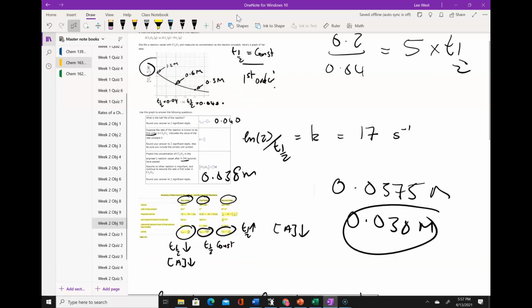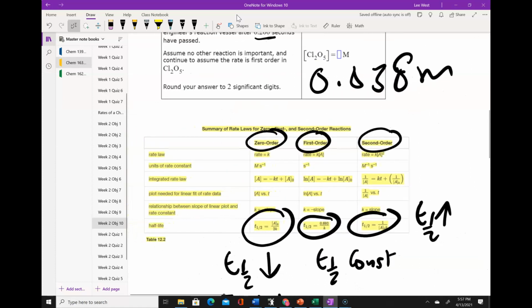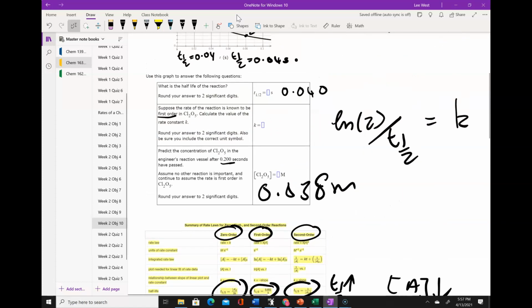The big thing that's going to really help you out here is this table that summarizes all of the information about rate laws and integrated rate laws and half-lives and tells you how to do the plots. And the other thing that you really want to have a look at is the example calculations that I have for using the stat plot and linear regression features on your calculator.